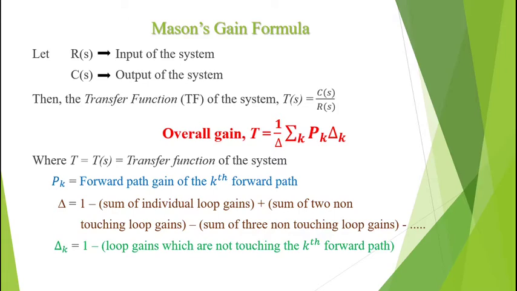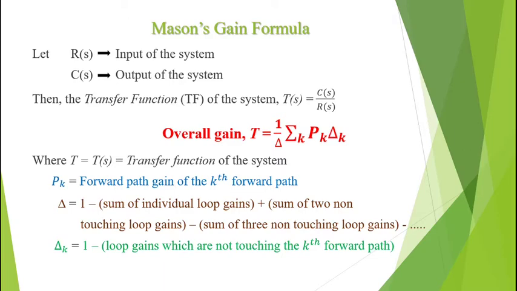The next one is delta. Delta is an equation and is given as 1 minus sum of individual loop gains plus sum of two non-touching loop gains minus sum of three non-touching loop gains, and so on. This goes on depending upon the system we are using.